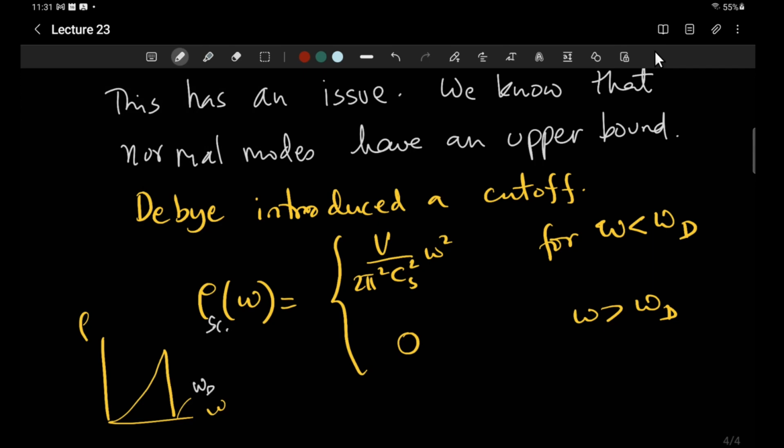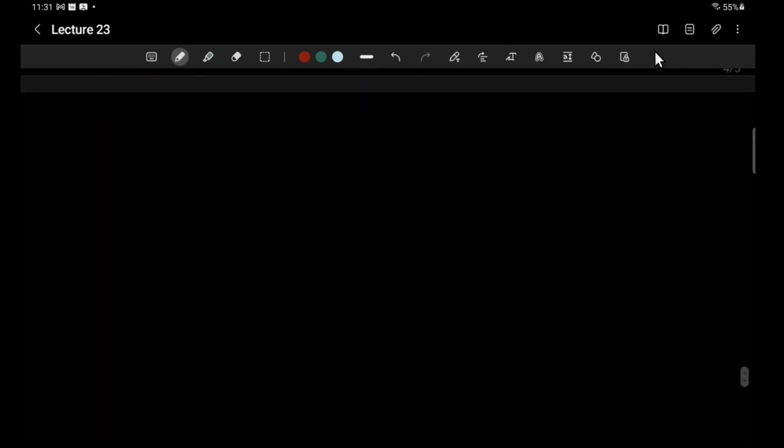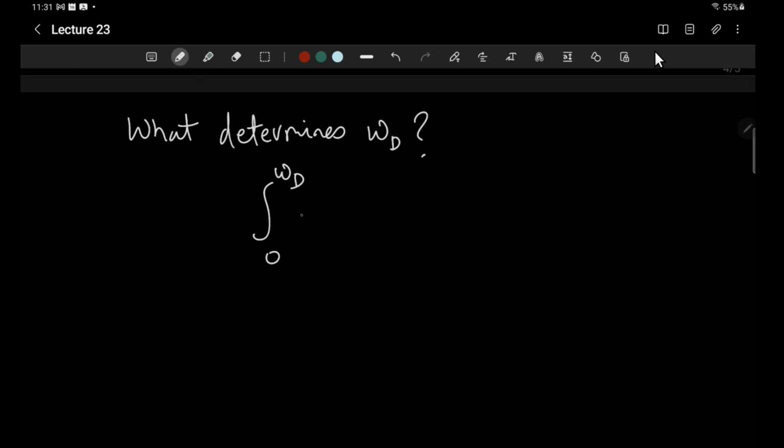Now, we still need to determine what determines omega d. The integration should be 3n. Exactly. So what this implies is that we can substitute this. No need.